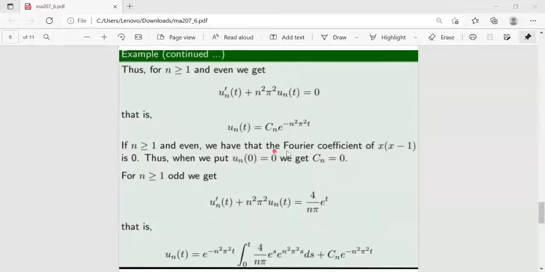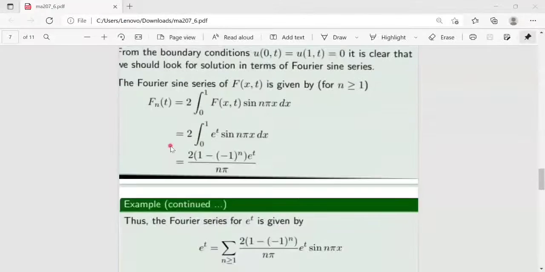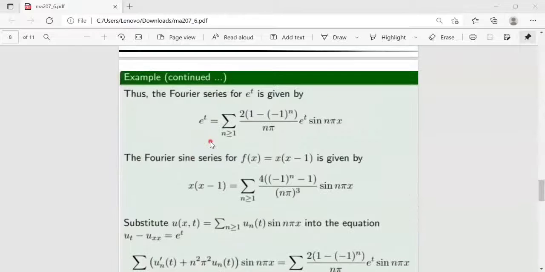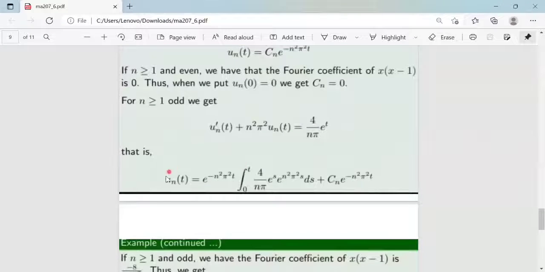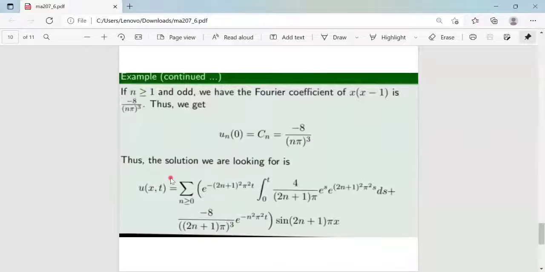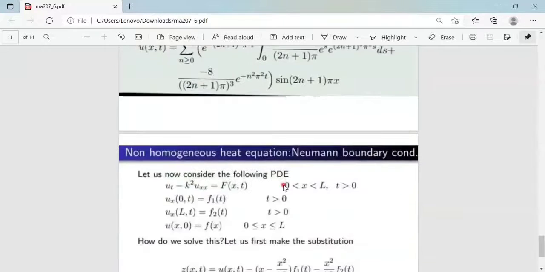If you substitute the third boundary condition, that is t equal to 0, we need to get x times x minus 1, and then we will get u_n of t. This is the solution for the above non-homogeneous heat equation.